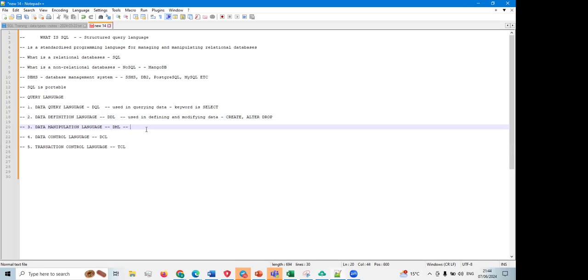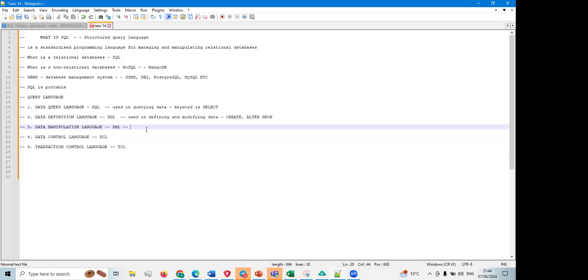Data manipulation language. What are the keywords? These are mainly used for manipulating and managing data within a schema. When I talk about a schema, I'm talking about a relational database here. So all these are used in relational databases.